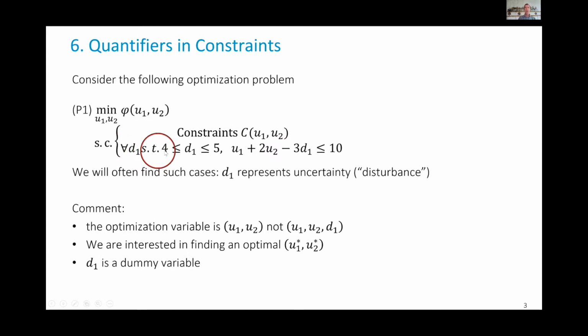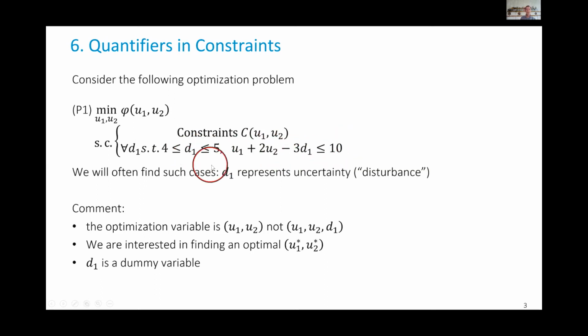And of course, this is not something that is easy to handle like we had before. We had perhaps a quantifier before when we had for every index j, which means we had a finite number of constraints. Here we have an infinite number of constraints for any possible value of d1 in this interval, such that a constraint that binds together the control and d1, the optimization variables u1, u2, and this supplementary variable d1 is satisfied.